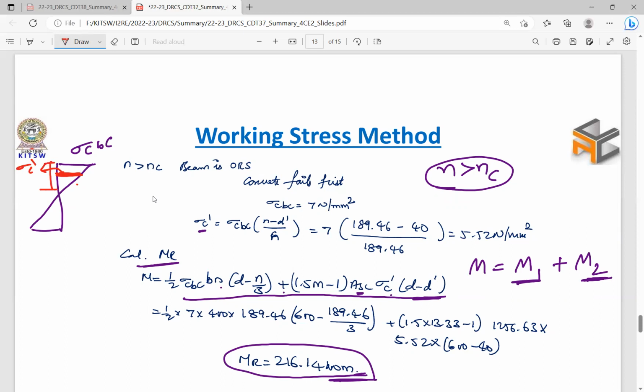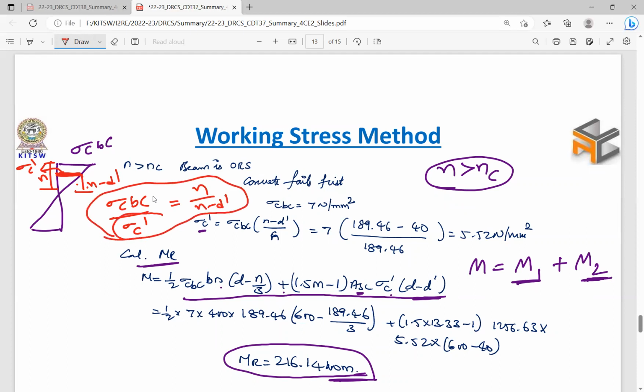From these similar triangles, this is N and this portion is N minus D dash. So sigma CBC by sigma C dash is equal to N by N minus D dash. From this relation you can calculate sigma C dash, the stress in steel at this level.